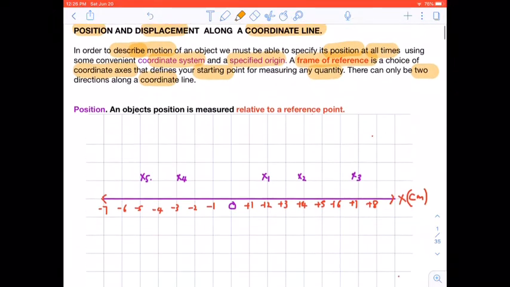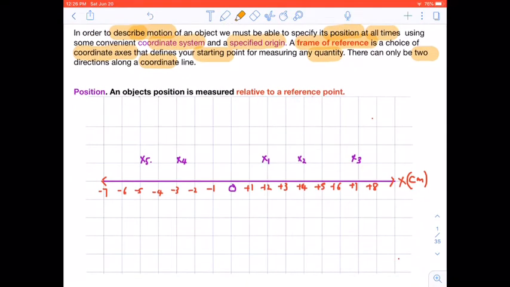Now let's look at position. Here we have an x coordinate line. Now we can specify the position easily using this frame of reference.